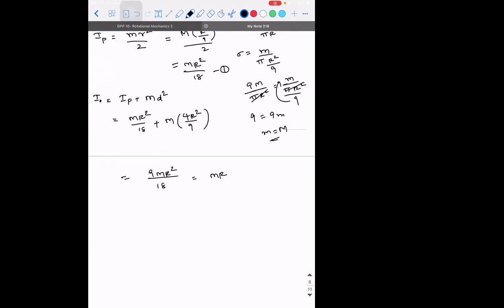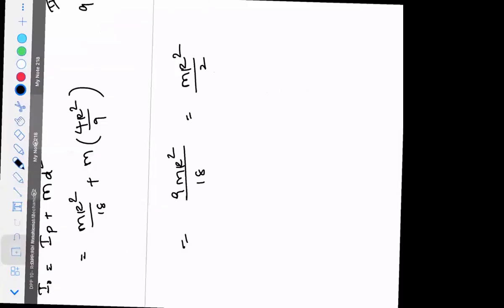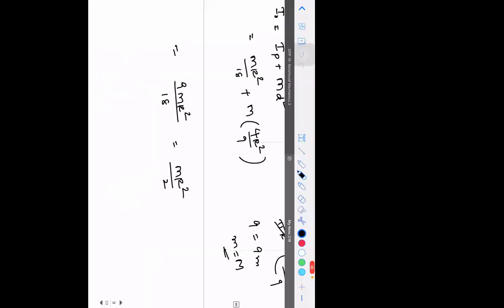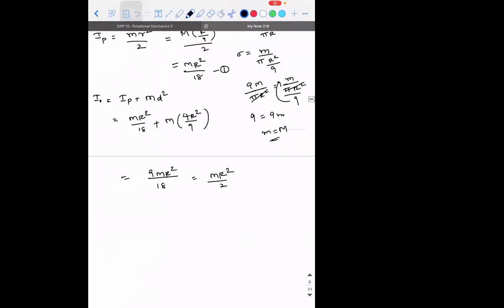It should be Mr square divided by 2. Right? That is the moment of inertia of the removed disk. What is the moment of inertia of the remaining disk? Moment of inertia of the remaining disk is how much? 9 Mr square by 2.